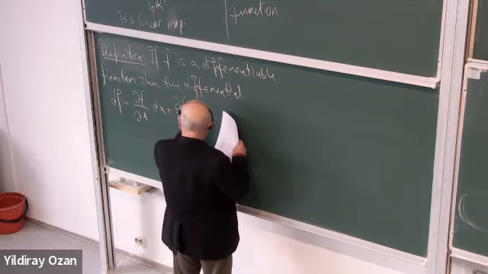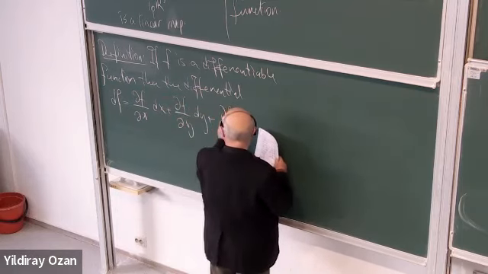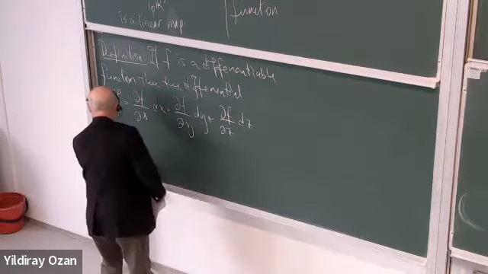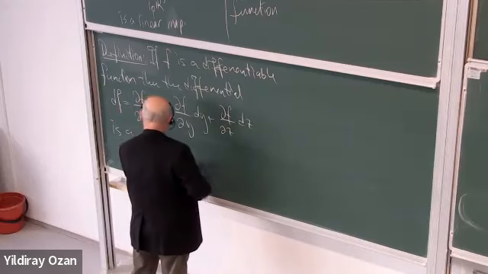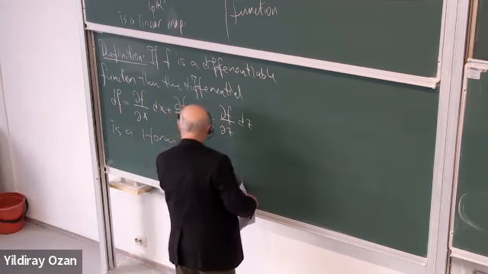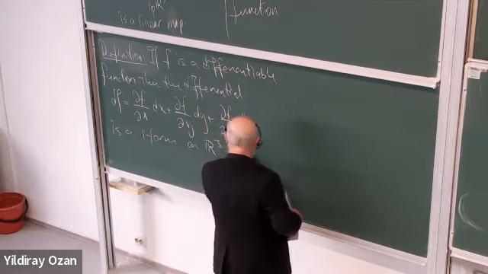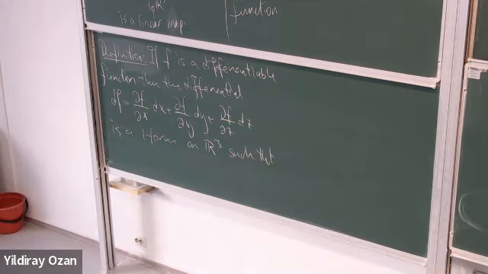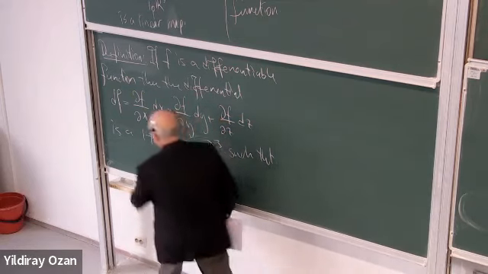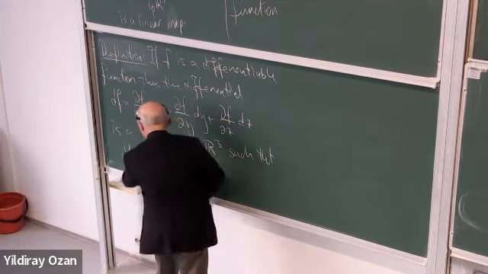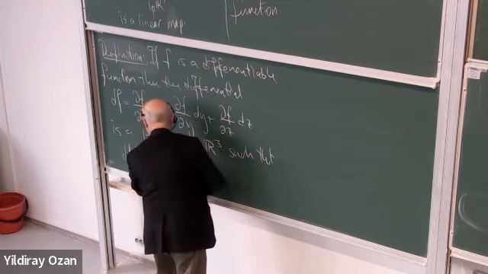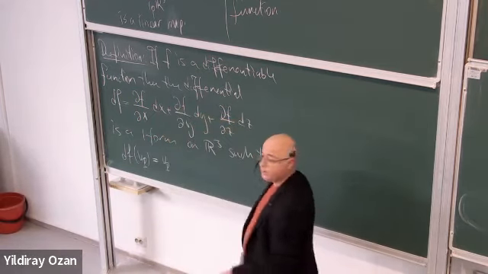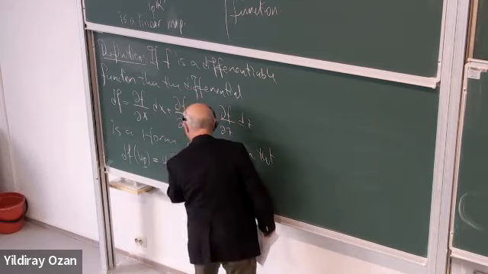Differential of a function is a one form on R3 such that it is defined this way. This one form evaluated at a tangent vector is nothing but actually you take the vector field and feed your function to this. Okay.